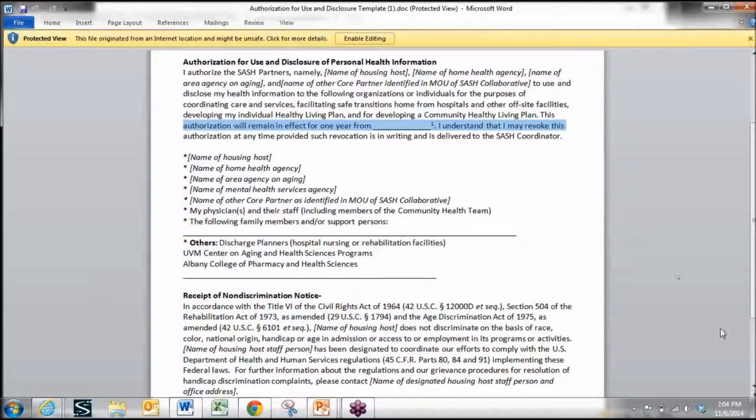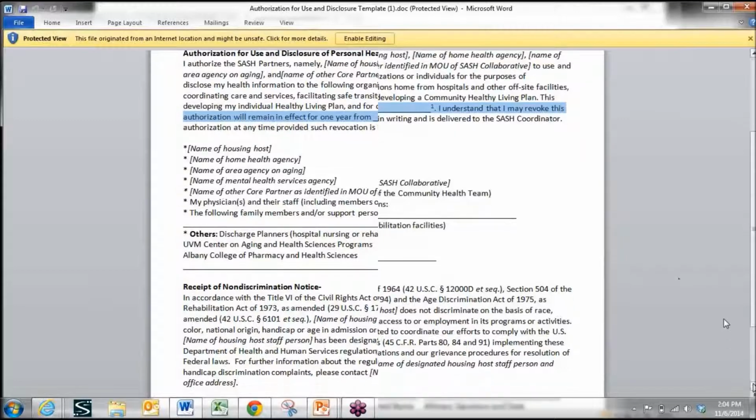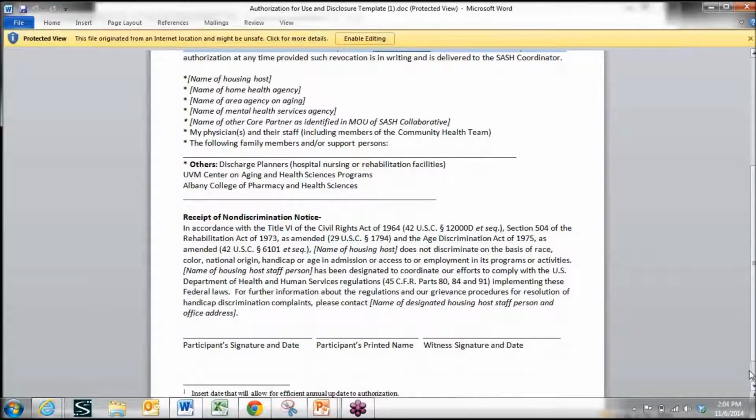The last paragraph here has to do with federal non-discrimination law, the Civil Rights Act of 1964. You have to fill in the blanks here as well, so don't miss this. The housing host organization has to be put in here, and it has to be clear that that organization does not discriminate based on race, color, national origin, et cetera.